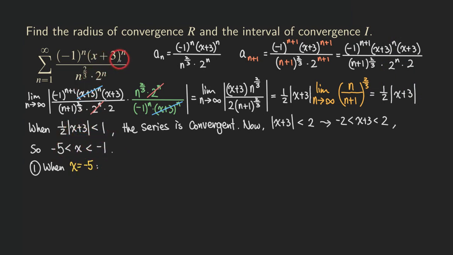If we plug negative 5 back in here, our series becomes negative 1 to the n, and then negative 5 plus 3, which is negative 2, to the n.